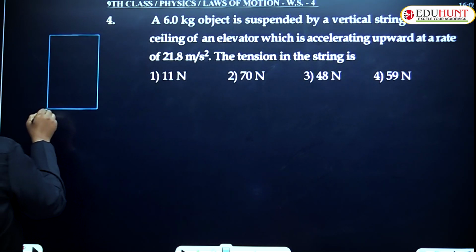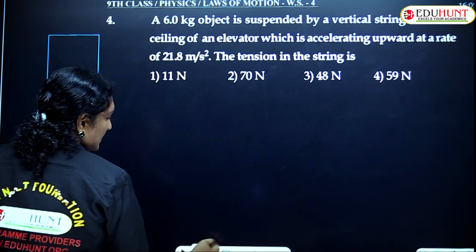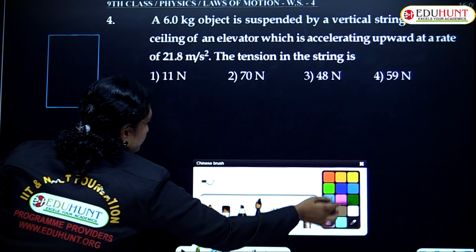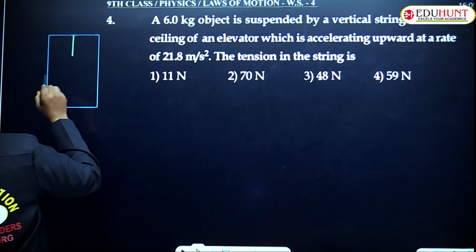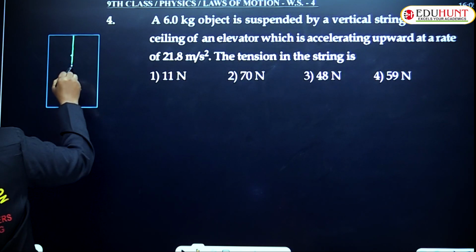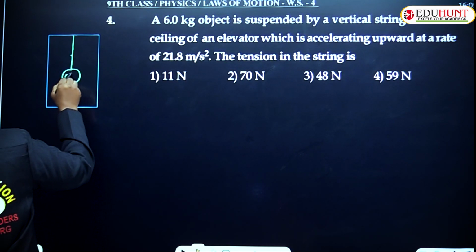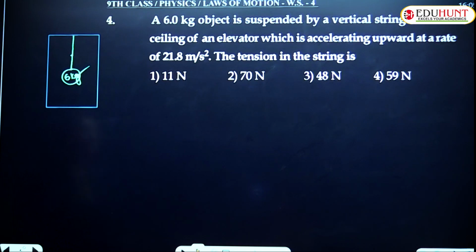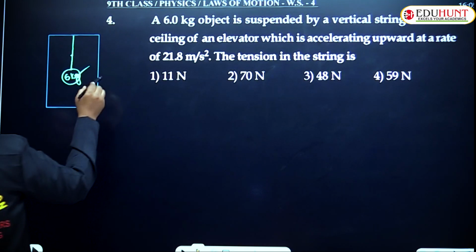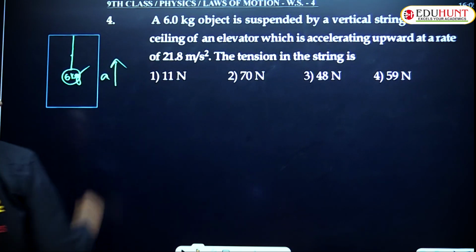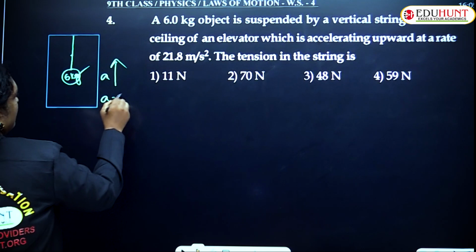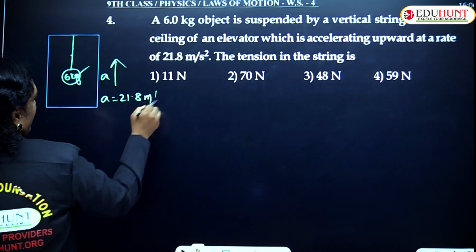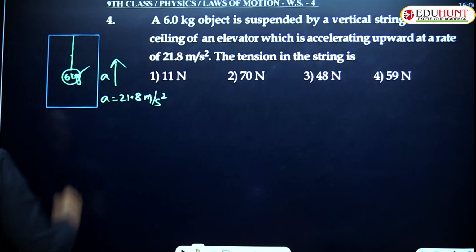You have an elevator, and from its ceiling a 6 kg object is suspended. The lift is accelerating upwards at a rate of 21.8 meters per second squared. The acceleration value was also given, moving upwards.